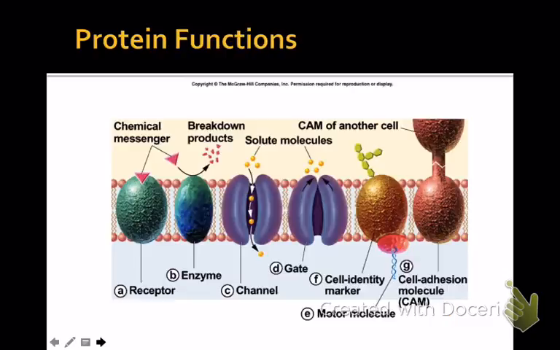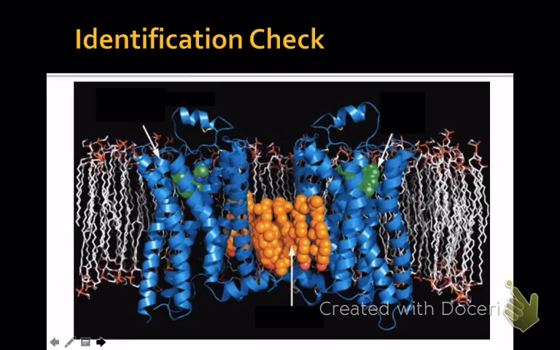All right, let's see if we can move on. Let's see what we have here. I have a very large blue protein with a white arrow on it. Do you see that? This arrow right here, pointing to this big protein.